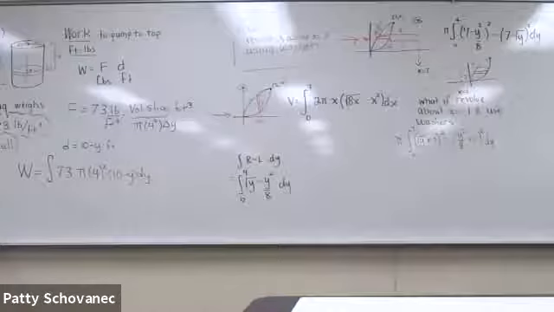This container is full, so we're going to integrate from 0 to 10. If it's filled to a certain level, we integrate 0 to that level. Okay. So here it's full. Good.